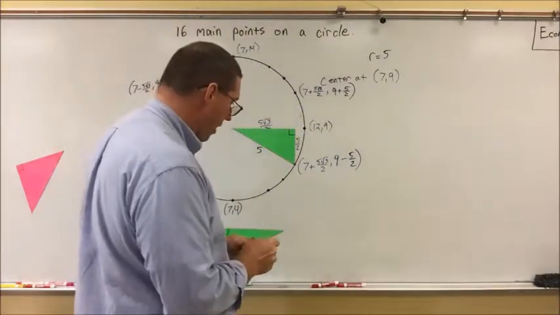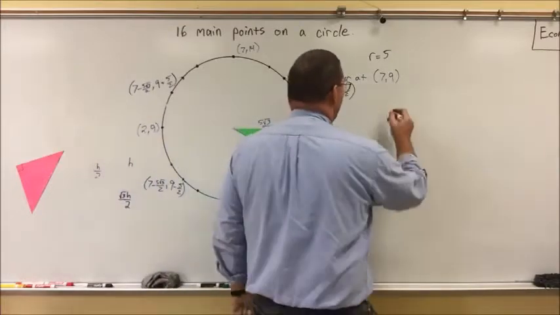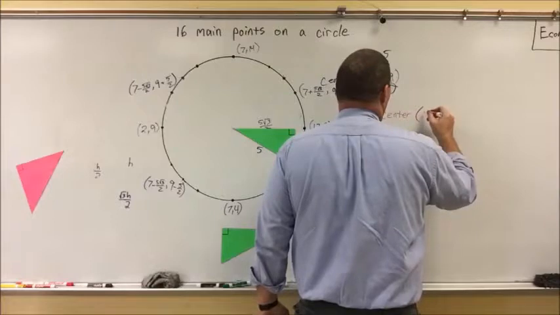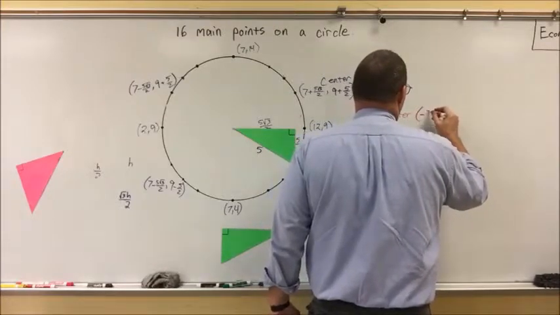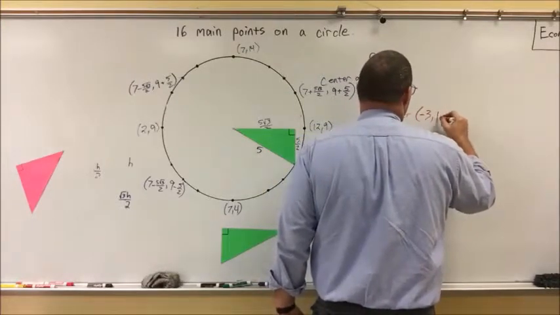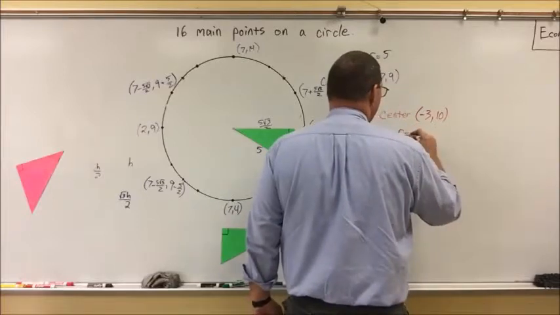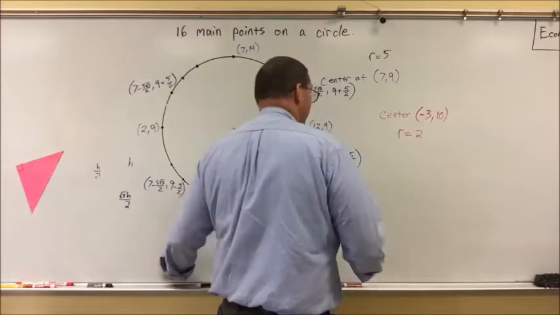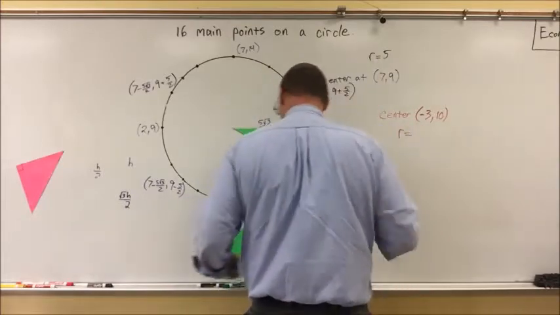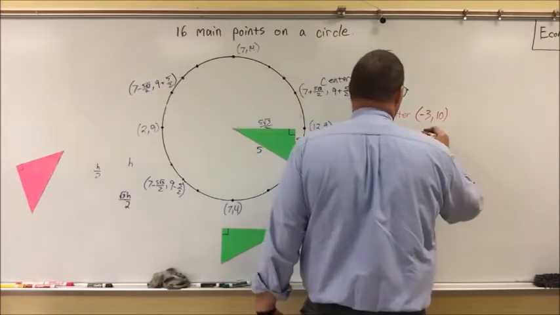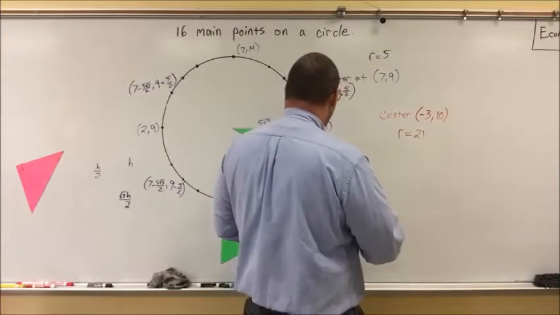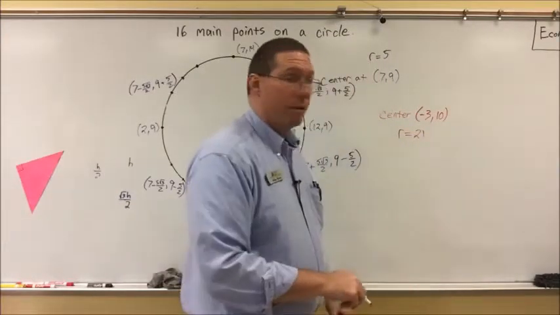Now, if you were to say to me, hey, how about a circle that has a center at, let's say, negative 3 and 10, and you told me that the radius was 2. Well, let's not make the radius 2. Hang on, then I'm going to be forced to reduce a fraction. How about the radius is 21? And I want to identify these 4 points, okay?